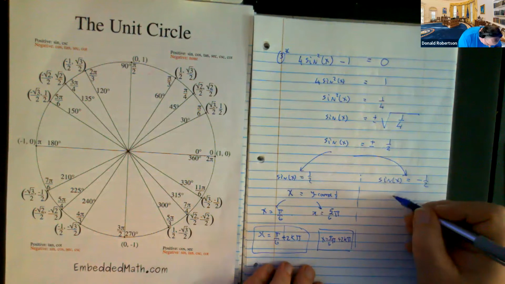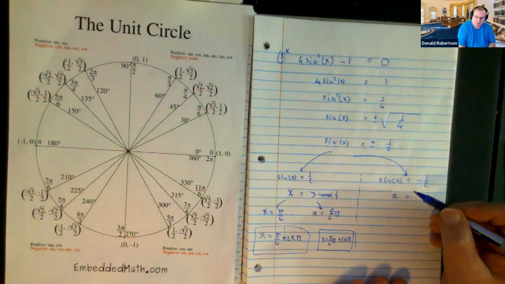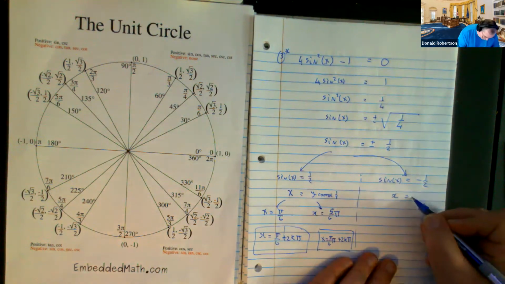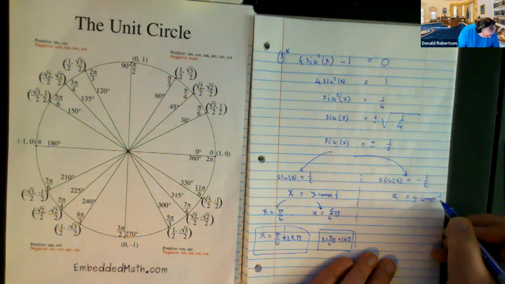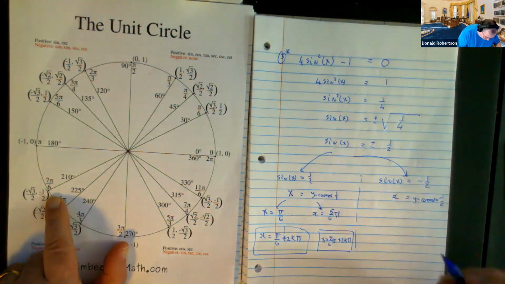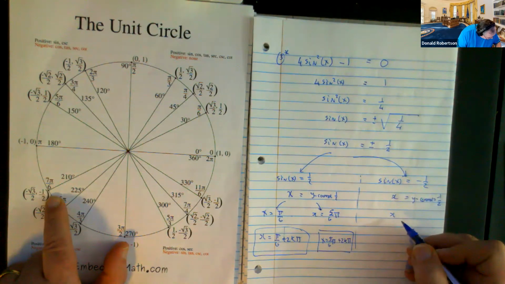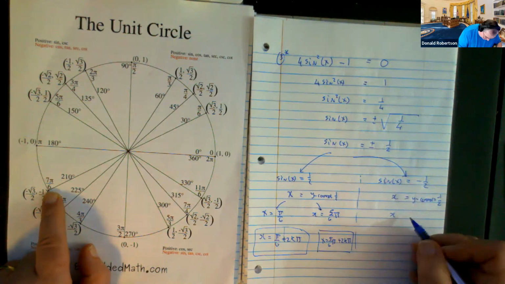Now we go over here and solve when is the sine of an angle equal to -1/2. We are looking for a y coordinate of -1/2. And a y coordinate of -1/2 is, in this case, what's that? 7/6 pi.